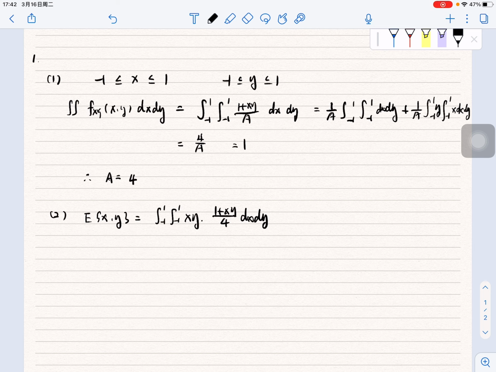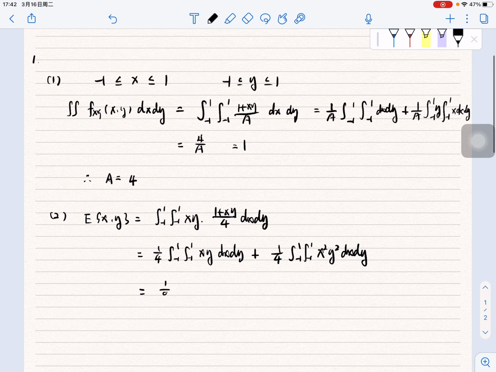And we can calculate it to 1 divide 4 times the integration from -1 to 1, -1 to 1 of xy dx dy, plus 1 divide 4 times the integration from -1 to 1, -1 to 1 of x squared y squared dx dy. And we can calculate to the result.